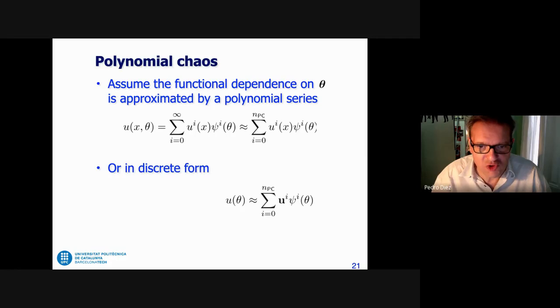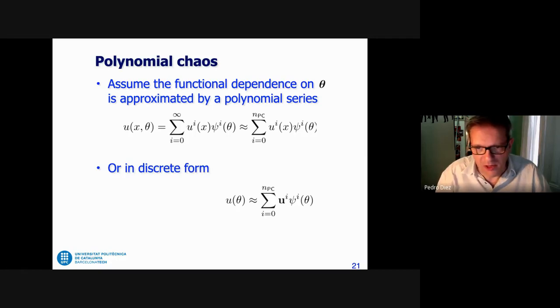Typically, you choose the family of polynomials you prefer. In particular, in these applications, we are very inclined to use Hermite polynomials, for reasons that we are going to see in a while. Obviously, you need an infinite-term series in order to properly represent any possible functional dependence on x and theta.